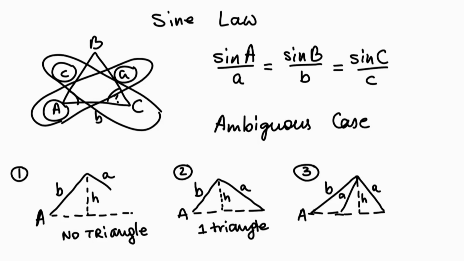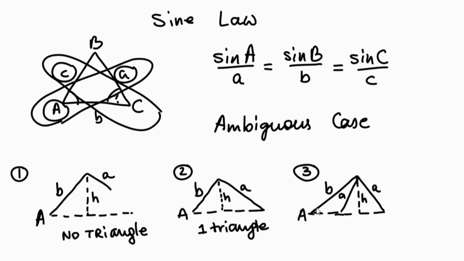In case 3, you can see that A is longer than the height but shorter than the B side. In that situation, when A is an acute angle, you could have 2 possibilities for triangles.